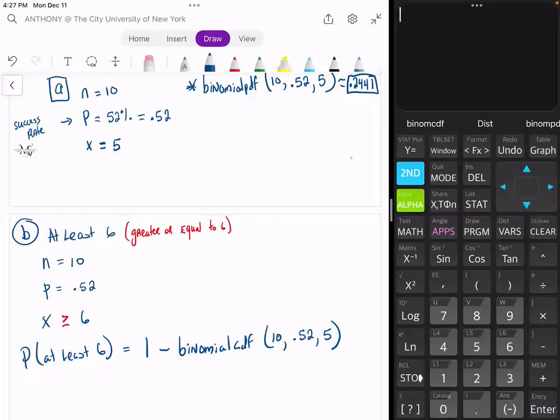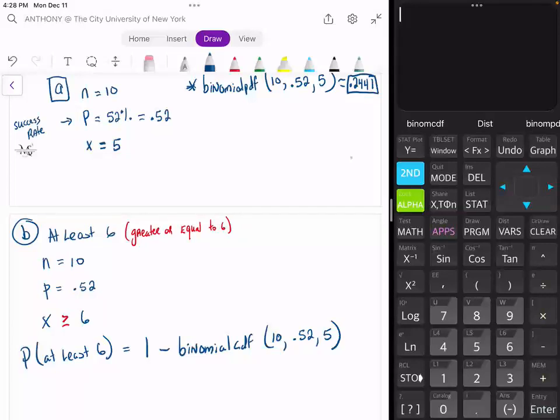Okay? If you think about it, at least means greater or equal to 6. So its complement or its opposite is going to be less than. What the binomial CDF does is that it starts at X equals 0 and is going all the way up to the number before 6.